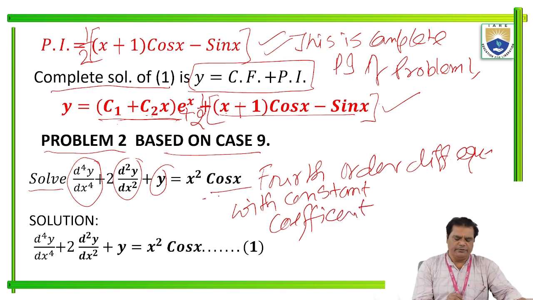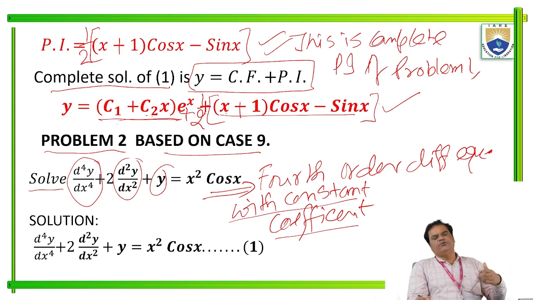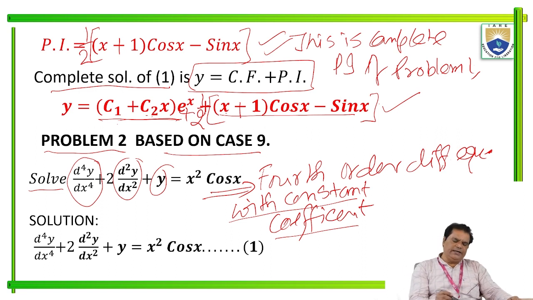This equation is a fourth order linear differential equation with constant coefficient, more than second or third order. On the left hand side the coefficients are here one, here two, here one. And on the right hand side Q is x square cos x.